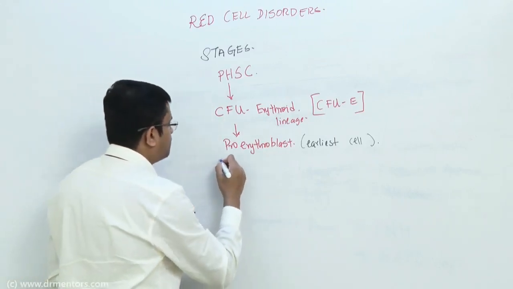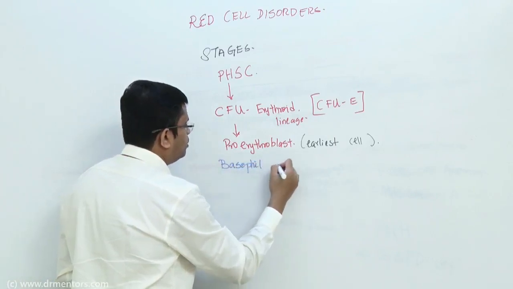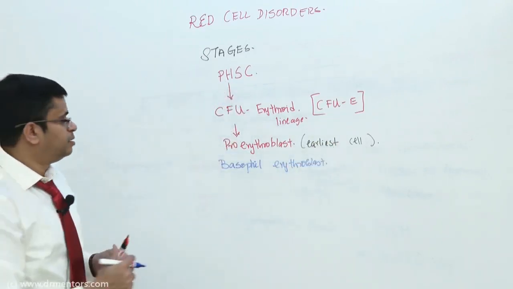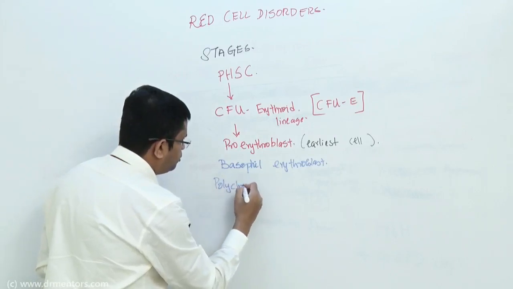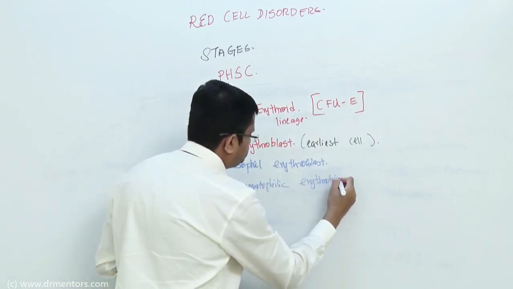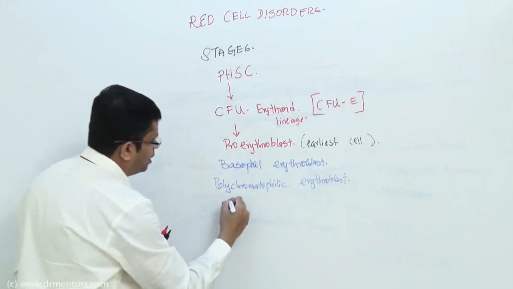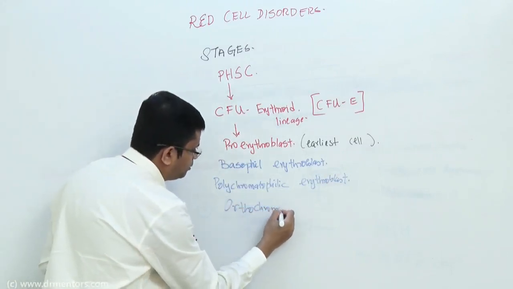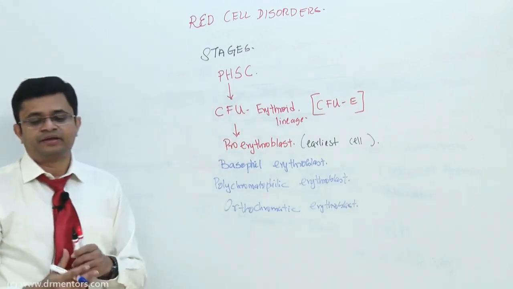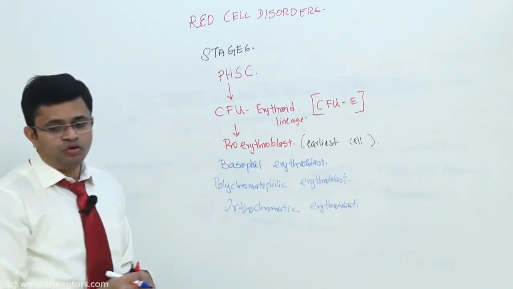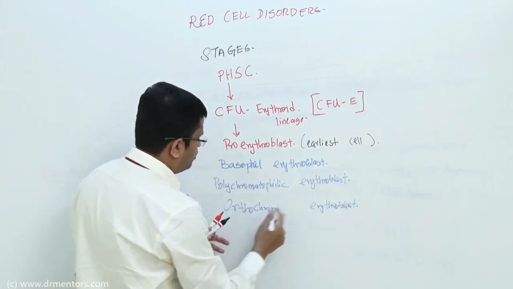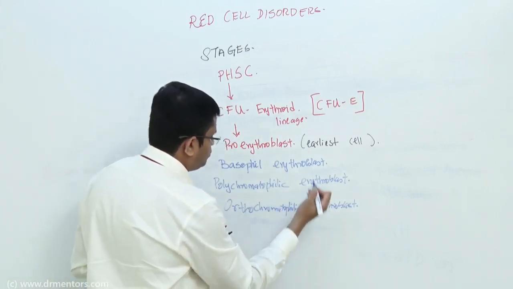The first is the basophilic erythroblast, then the polychromatophilic erythroblast, then the orthochromatic, or orthochromatophilic, erythroblast.